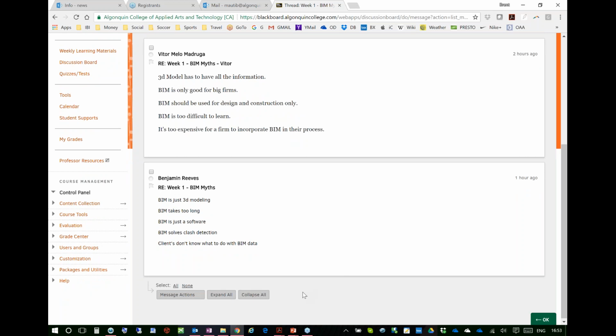Okay, well, BIM is just 3D modeling. It was kind of just a filler, to be honest, to get to number 5. BIM takes too long. Now, I know that really just comes down to level of detail, right? How much you're going to put into it and what you need to take out of it.